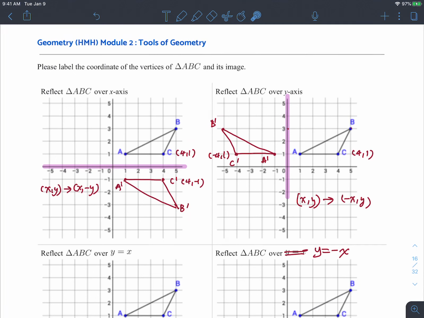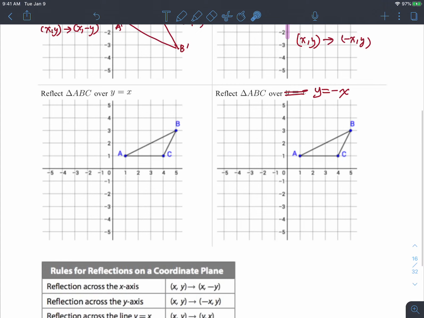Funny enough, when you're doing it over the x-axis, x remains the same, but the y becomes the opposite. I don't think you really need to memorize that. If you do it a couple of times, it will come to you. And if you memorize on top of that, even better, right? But doing problems will help you memorize. I think that's what I'm really trying to say, okay?